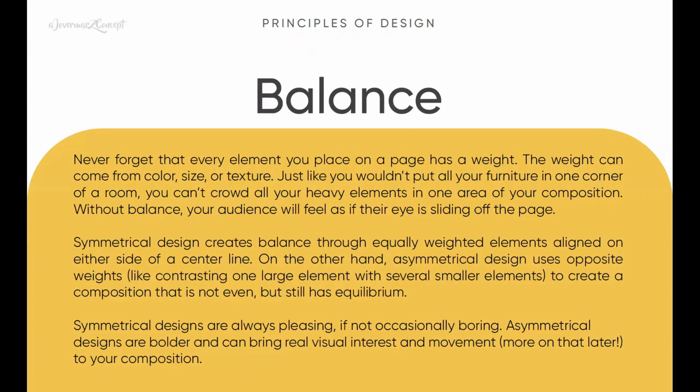I just mentioned that. On the other hand, asymmetric uses opposite weights, like contrasting one large element with several smaller elements. So to create a composition that is not even, but still it's balanced, right?